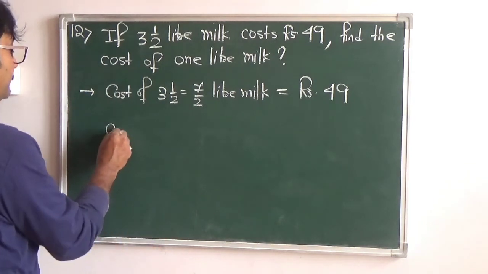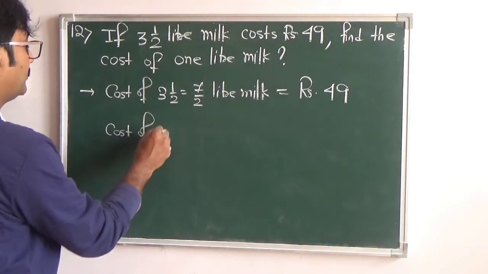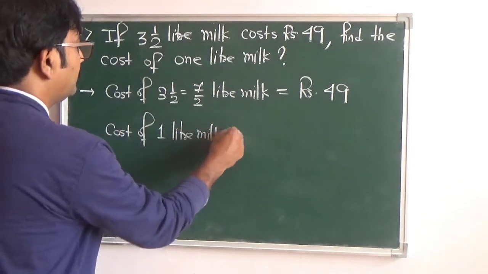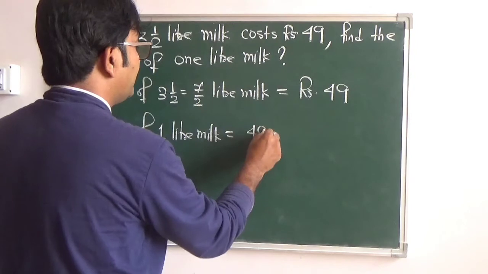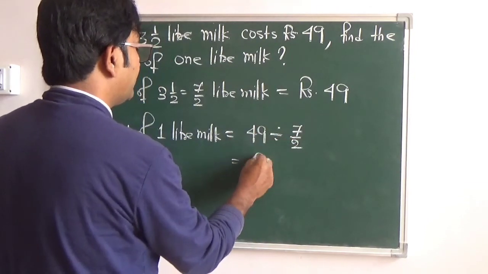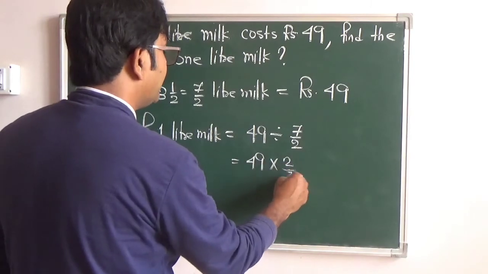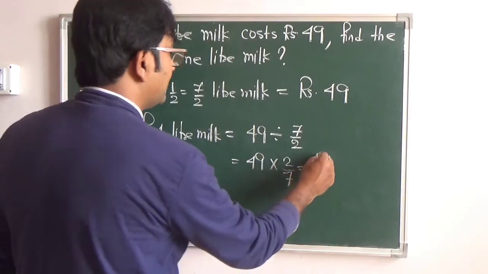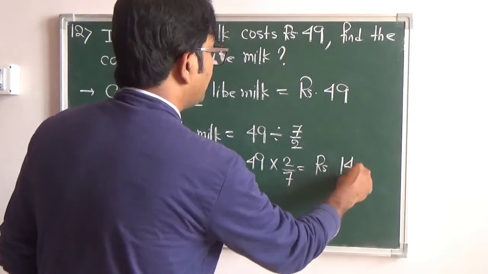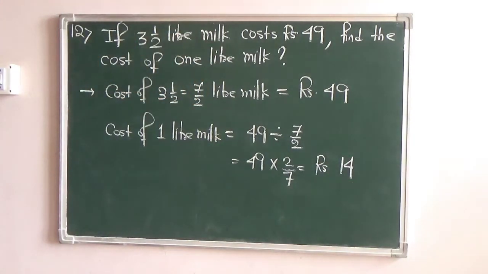So the cost of 1 liter milk will be equal to 49 divided by 7/2. So this is 49 into 2/7. So this will be reduced. That will be equal to rupees 14. So the cost of 1 liter milk is coming to rupees 14.